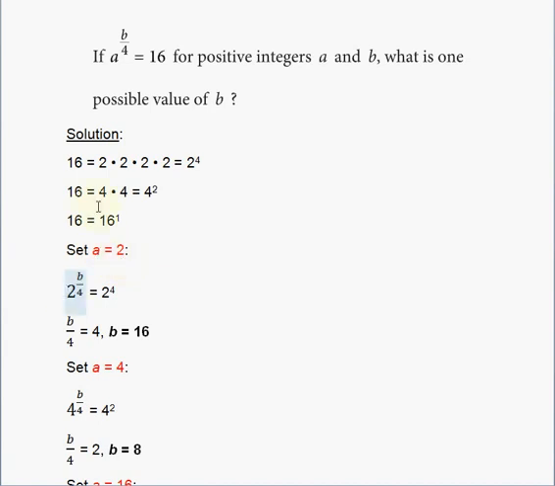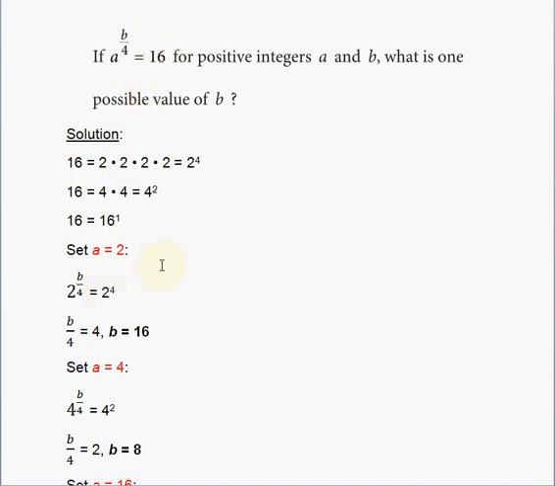If you want to find your b's, you have to set the 16 as a base to a certain power, and the base must be the same as the value of a that you choose. So if we choose a as 2, we must include the same 2 as the base on the right side of the equation.